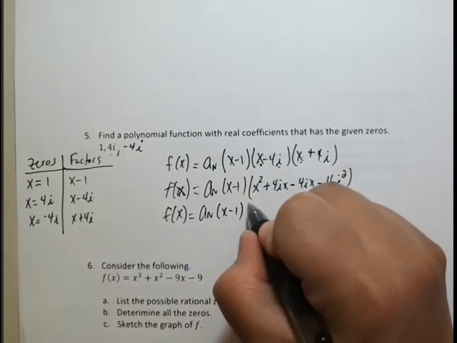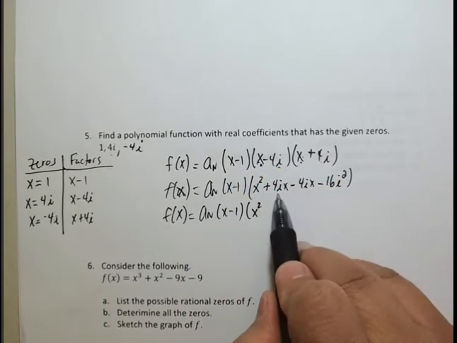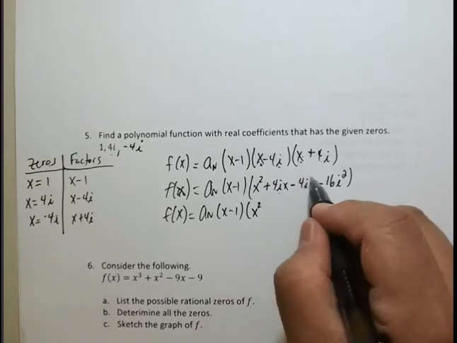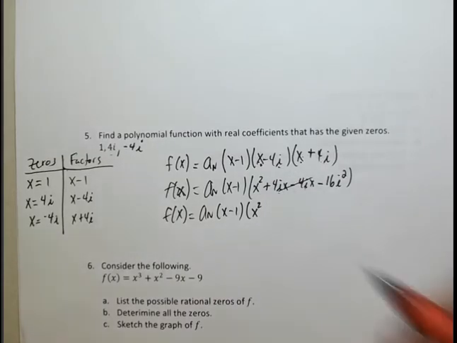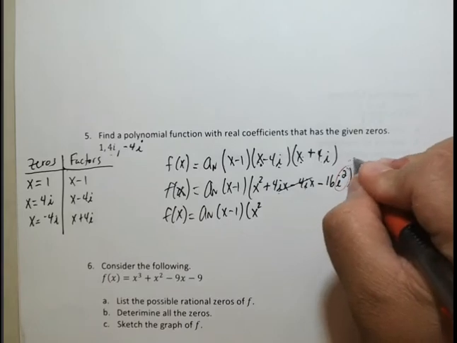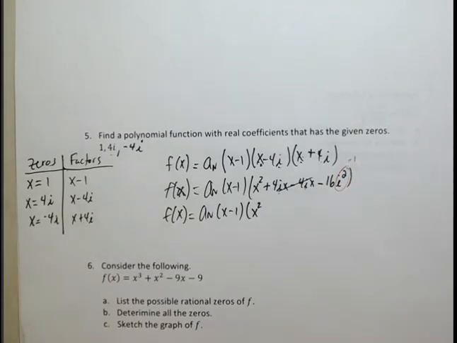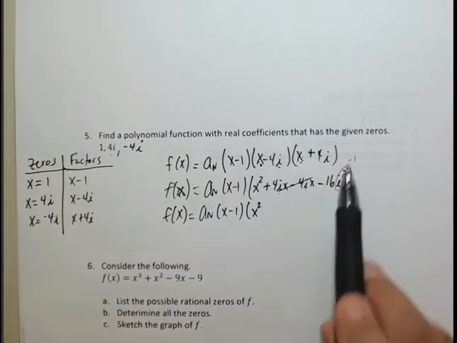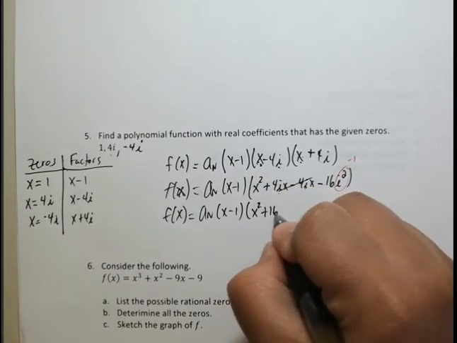We're going to gather our terms. 4ix and -4ix is 0. And then this i squared here is a -1, right? So -16 times -1 is a positive 16.